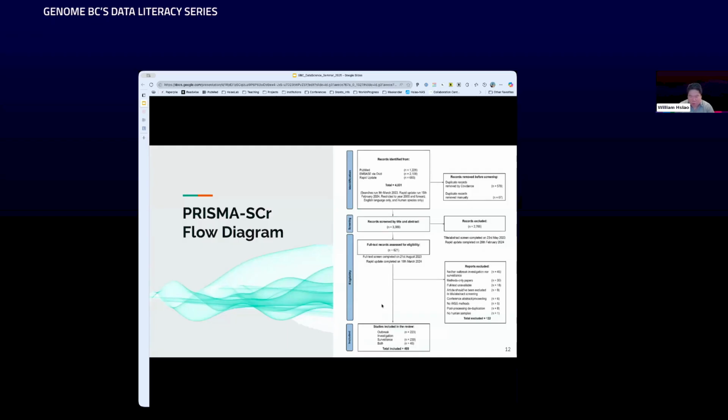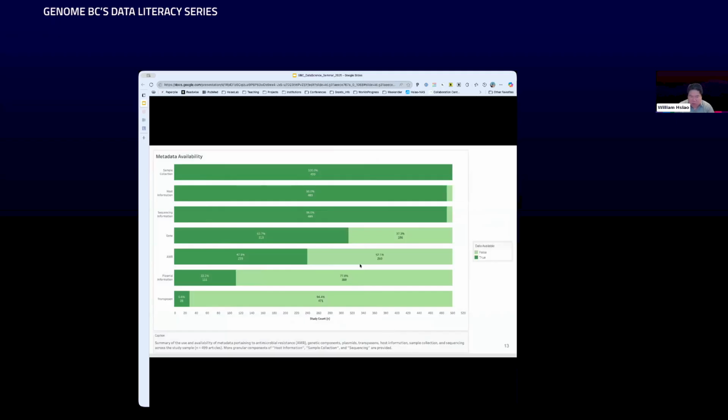So in my group, we also conducted a study looking in the literature and looked at over 400 papers, and essentially came to the same conclusion: while in the papers themselves the information is reported, for example sample collection information, the host demographic information, and the information associated with how the sequencing was done, it's by and large reported in the literature, but it doesn't always translate readily into the databases.